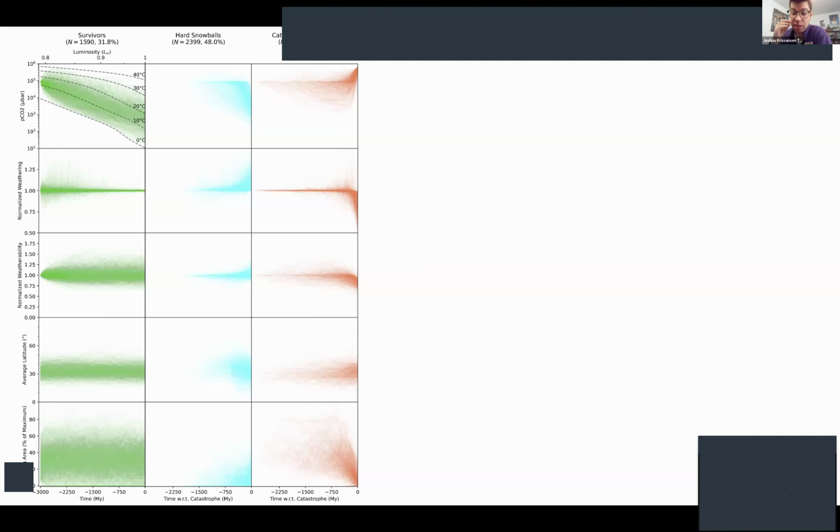So to the extent that you believe those proxies and that they reflect the temperature dependence of seafloor weathering, that's where that comes from. But as you're alluding to, there is of course a lot of uncertainty in the temperature dependence of seafloor weathering more broadly, and it needs to be modeled more mechanistically, I think. Thanks.